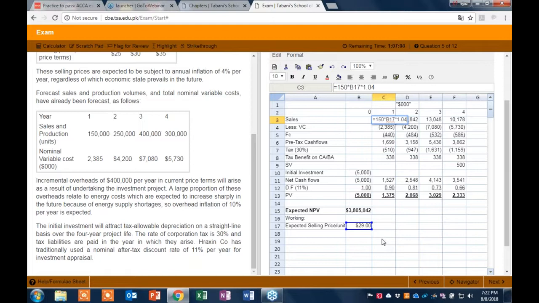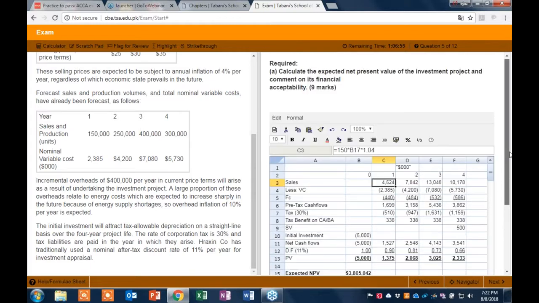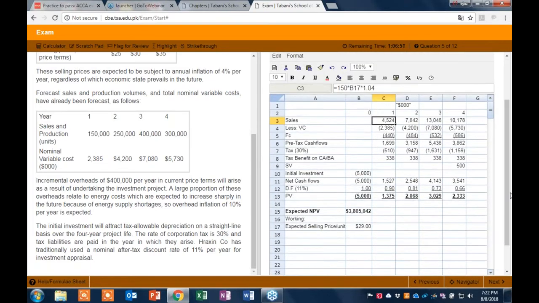What about the comment about the NPV? Well, in case of commenting in this type of question, it won't be a big paragraph or something. You just need to state whether the company should accept this project or not. Since in this question the expected net present value is positive, the only comment I will give is that since the project has a positive net present value, therefore the company should accept this project.